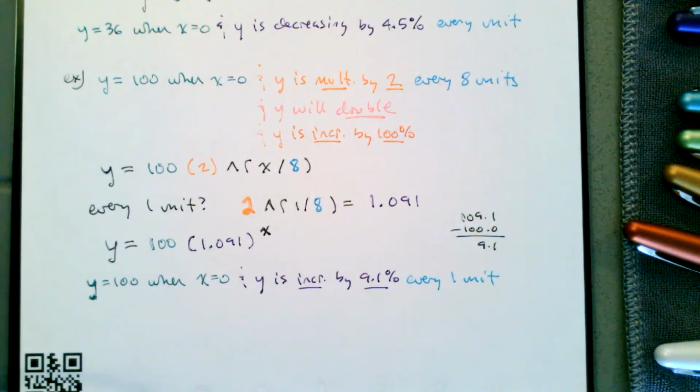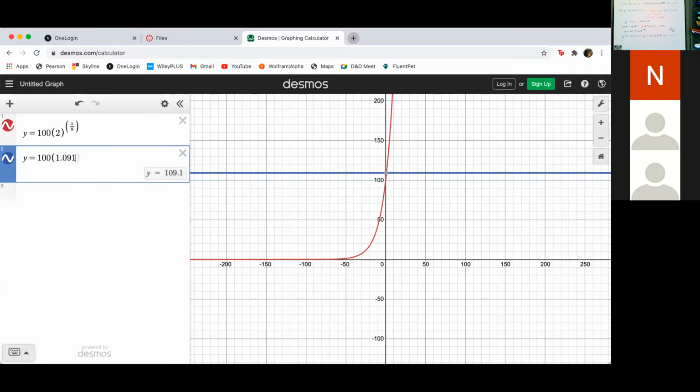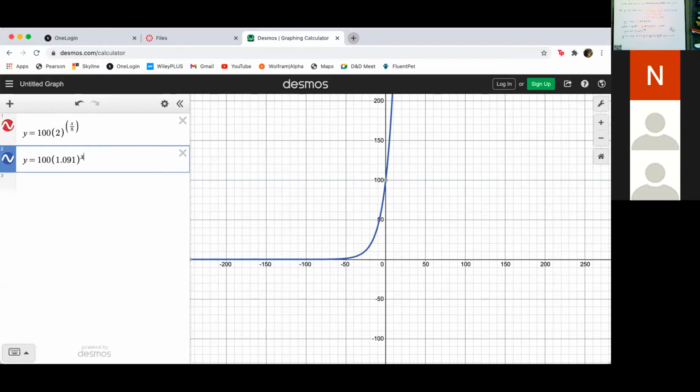So if we switch over to our graphing calculator and take a look at 100 times 2 to the x over 8 and compare that to y equals 100, that's just a flat line, but now times 1.091 to the x, notice that we see the same graph.